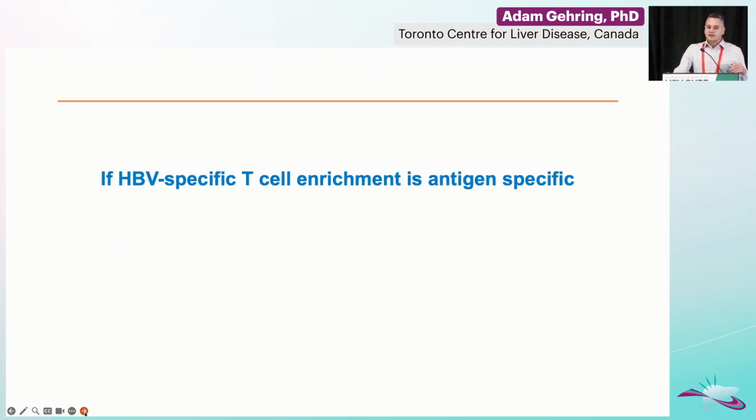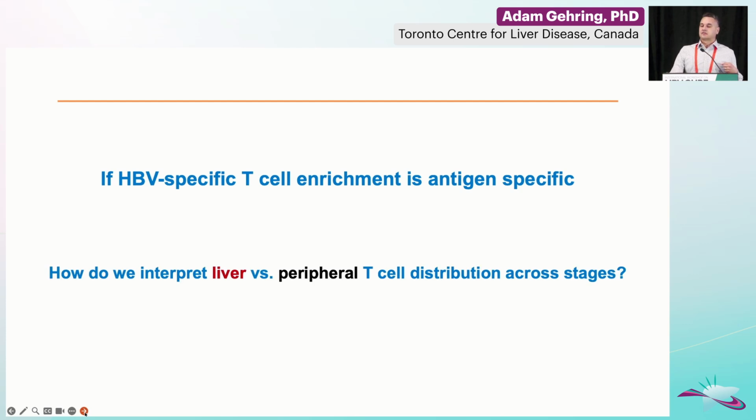So now, if HBV-specific T-cell enrichment is antigen-specific, how do we interpret our liver versus peripheral T-cell distribution across the stages of hepatitis B?